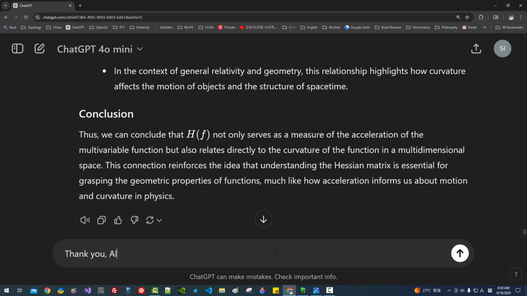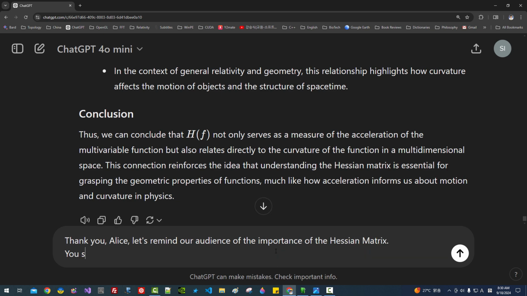Thank you, Alice. Let's remind our audience of the importance of the Hessian matrix. You said the Hessian matrix serves as a measure of acceleration.